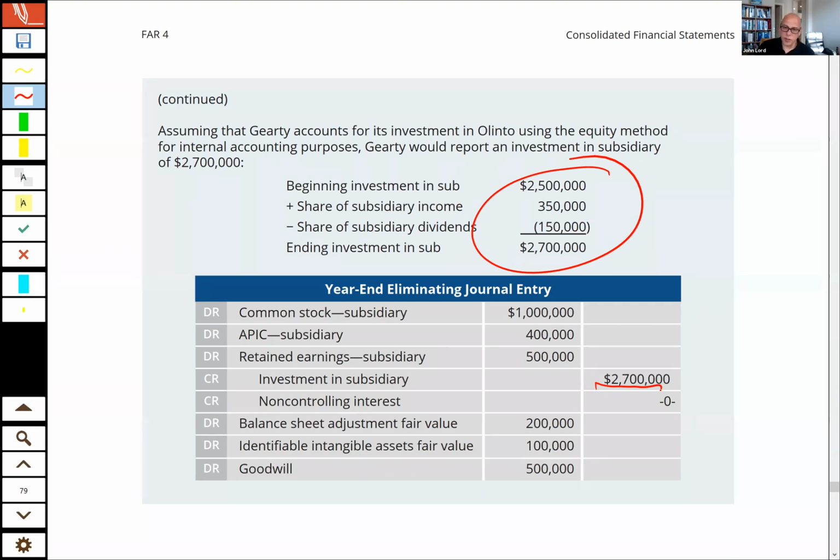And so there would have been their share of income, which is 100% subsidiary, their share of the dividends, which is the 100%. So the ending balance would have been 2.7. So you have to know that you need to take off the 2.7, and then you would be able to get rid of the entire retained earnings of the subsidiary. If they gave you the entire amount of retained earnings of the subsidiary, and they were asking for the entry after 1 year, you wouldn't have to go back to the beginning balance to make that journal entry that we saw on the previous page.